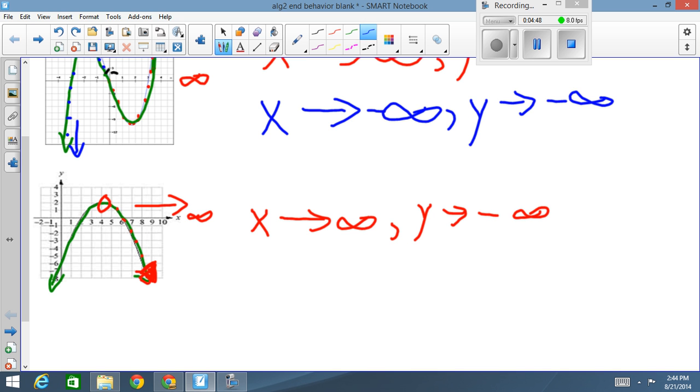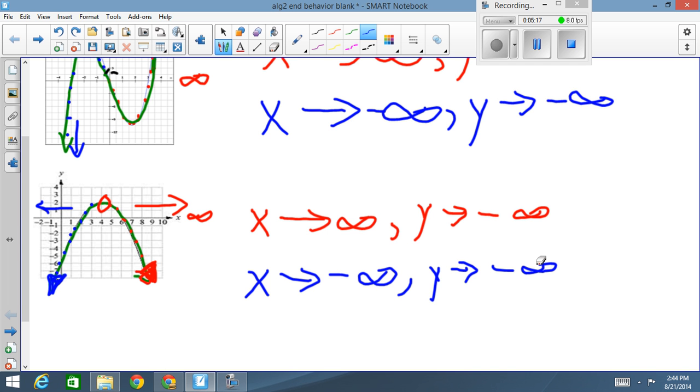As I look at my x values, as the x approaches negative infinity, now I'm going the other way from center. I'm going this way. I'm working toward negative infinity. And as I go this way, it turns out that once again, my y values are going down. So my y values are approaching negative infinity again. So when you have this frowny face, both ends are going down to negative infinity.